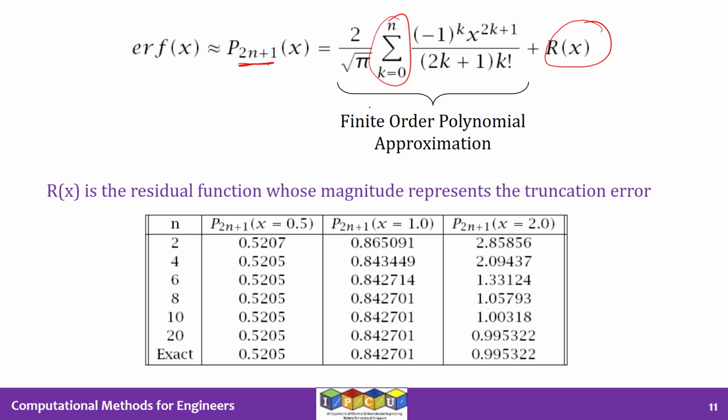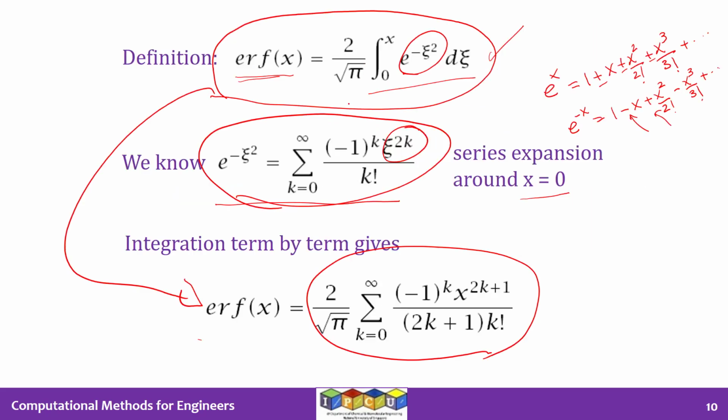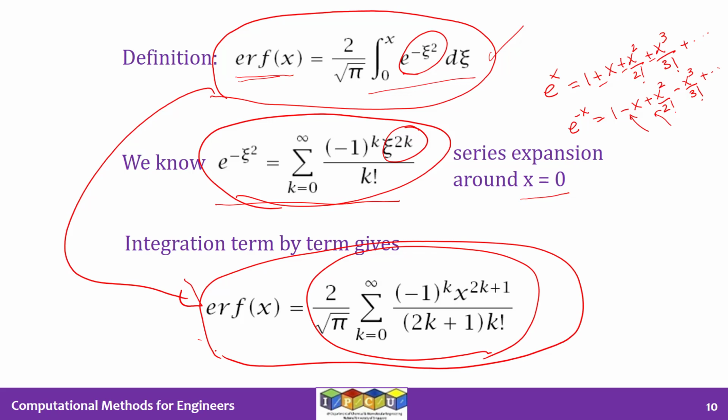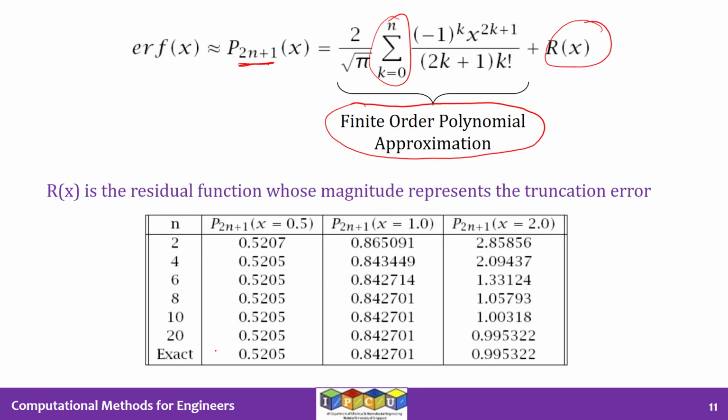So this will be a finite order polynomial approximation, whereas this was an infinite order polynomial equivalent. Now, as I said earlier, this r of x, which you have ignored, is called the residual function, and the size of r of x represents what is called the truncation error, because we have truncated it after a certain number of terms.